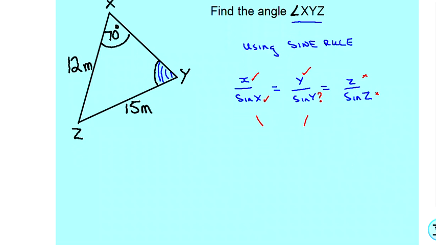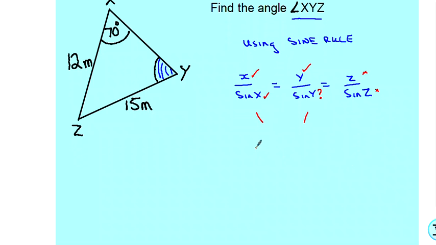So now when I use these two ratios, plug in your values. x is 15, and the angle at vertex x is 70, equals y is 12, and the one we're trying to find is sine y.